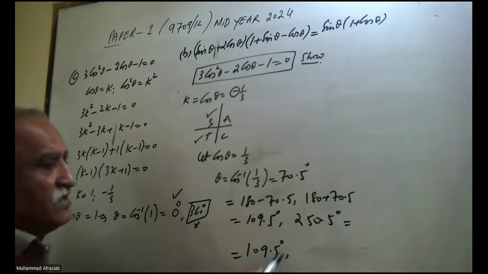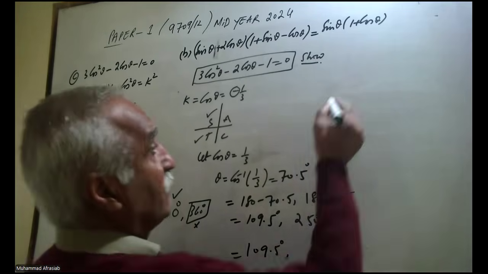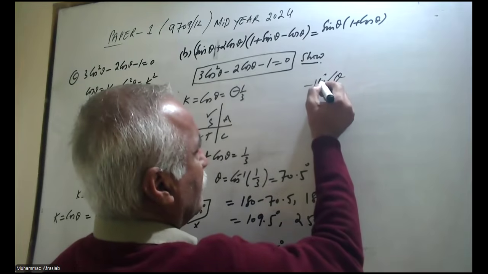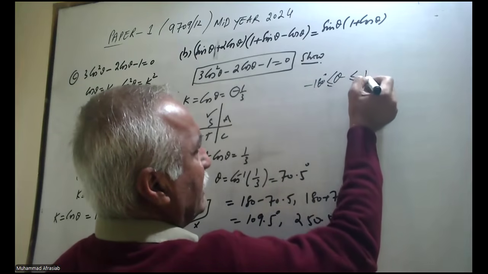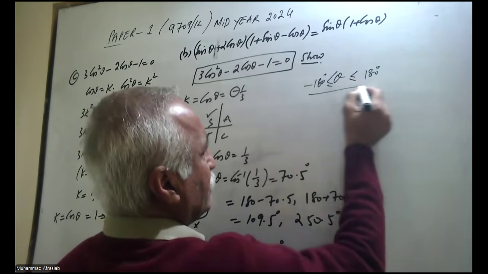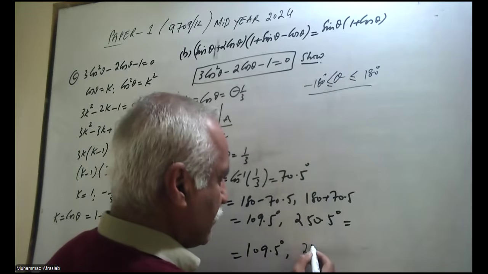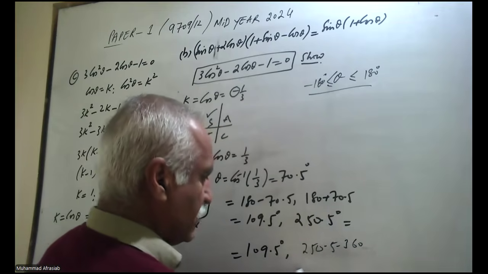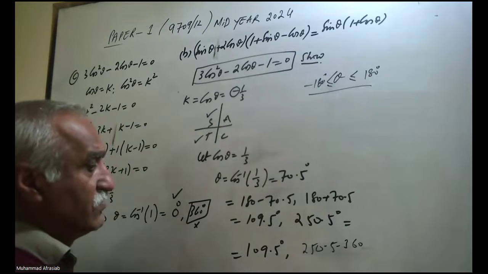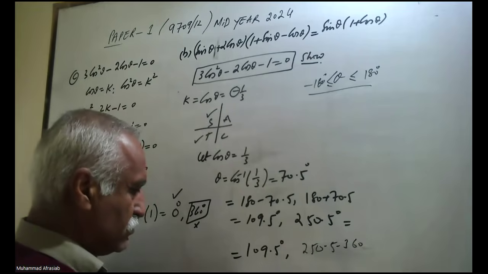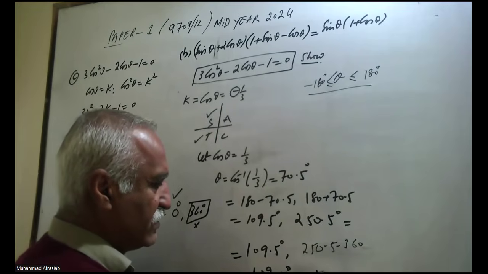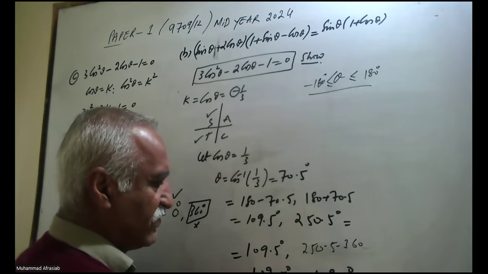This angle is more than 180, and our range is given from minus 180 to 180. So this angle will be subtracted from 360. So the total angles will be 109.5 and minus 109.5.